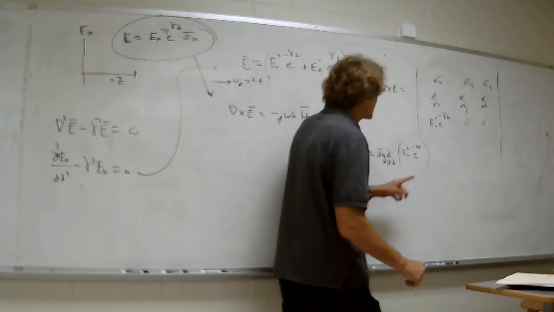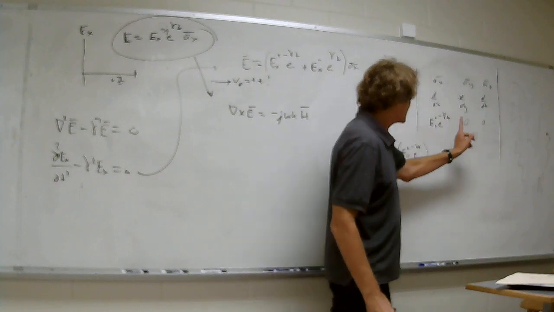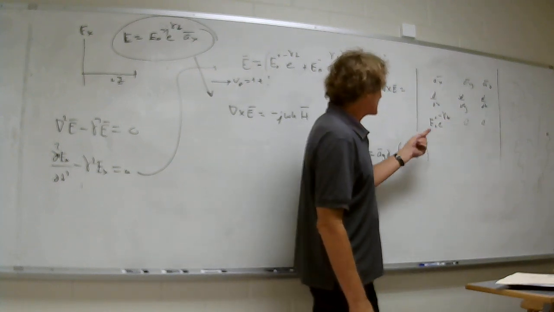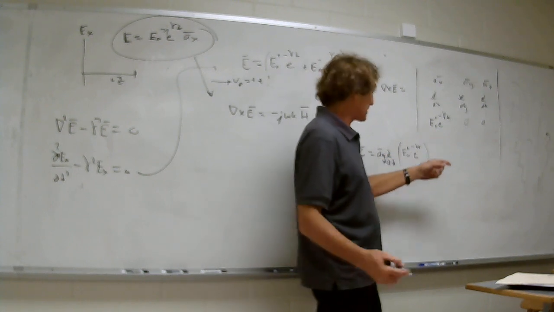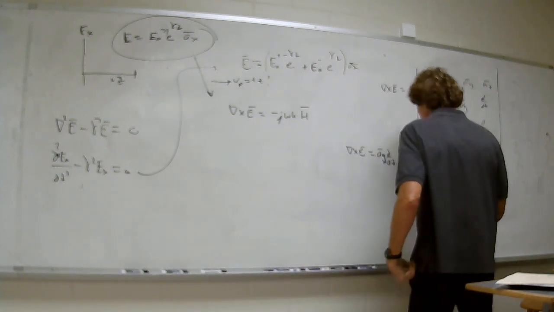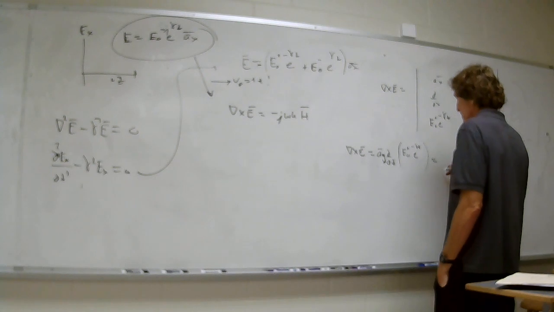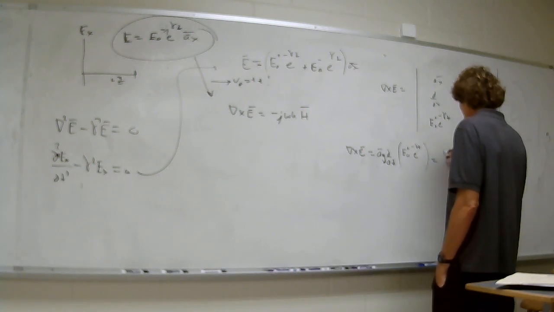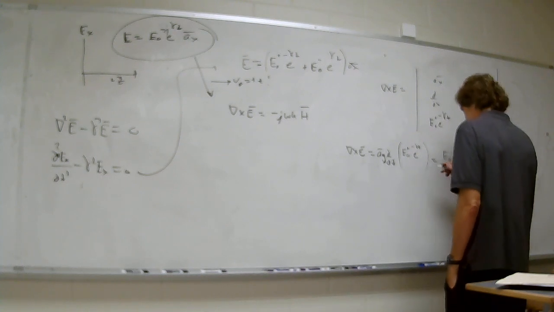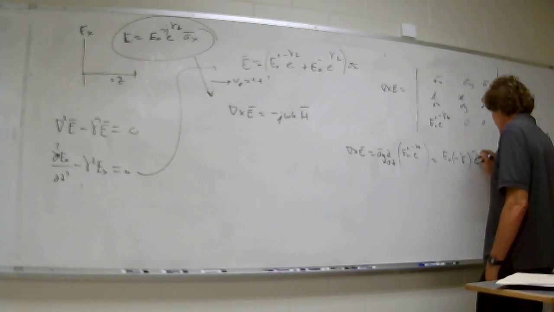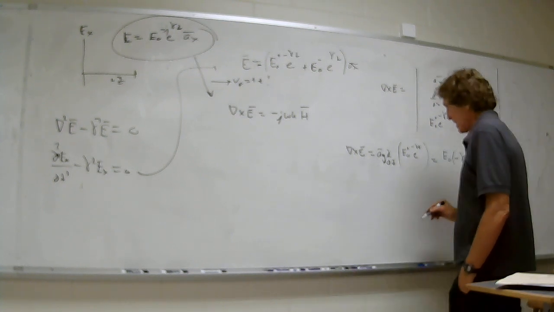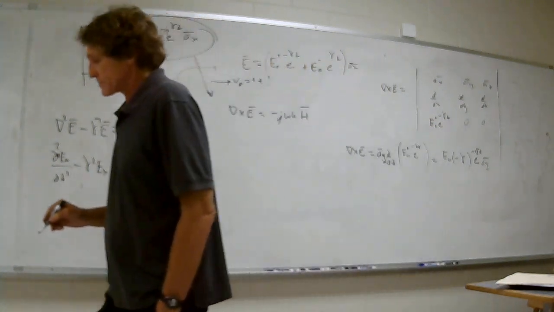Can you all follow me? a_y d/dz of this, minus this. Well, what is d/dy of something that's a function of z alone? 0. So it's just this. When I take the derivative, I get E naught times minus gamma, e to the minus gamma z in the a_y direction. That would be the curl of E.